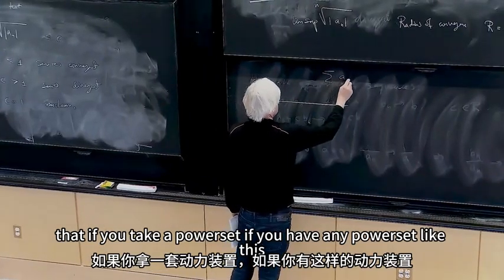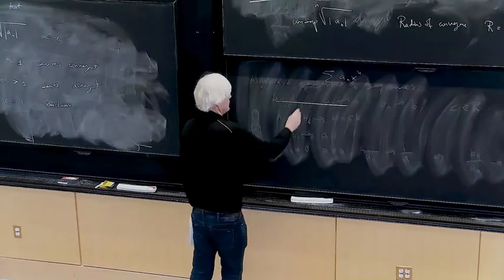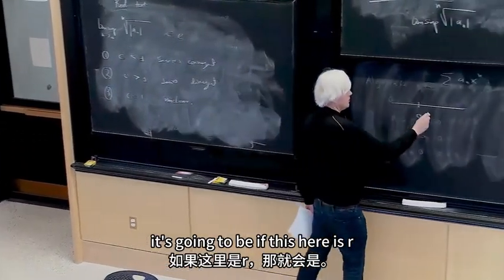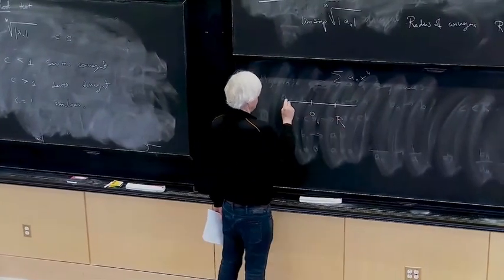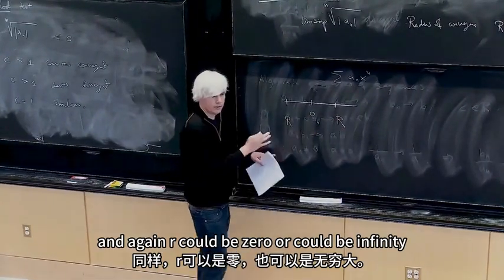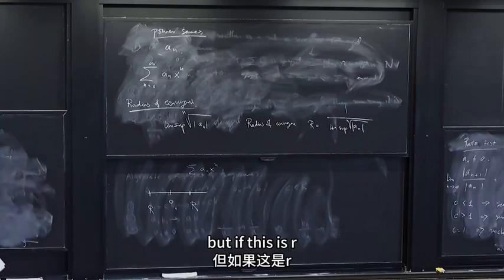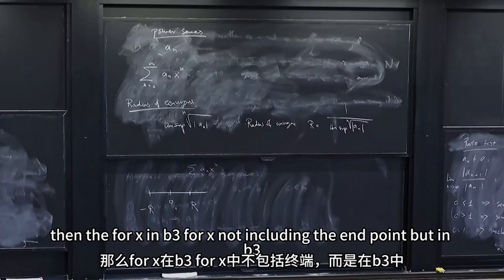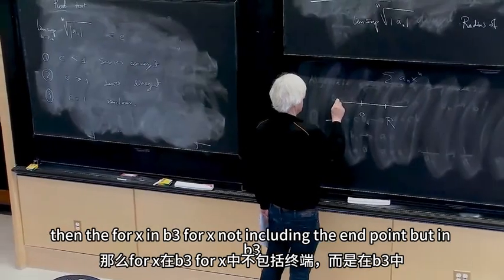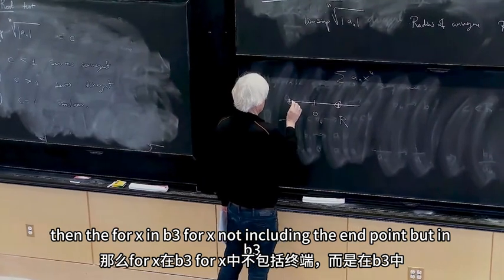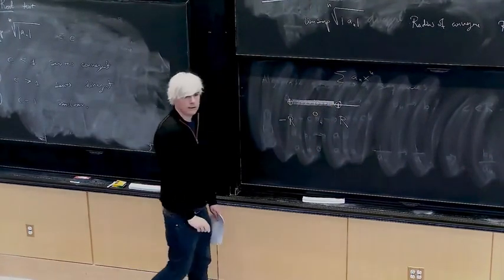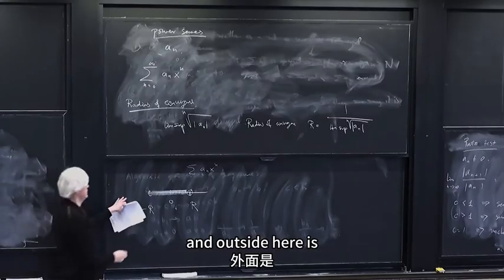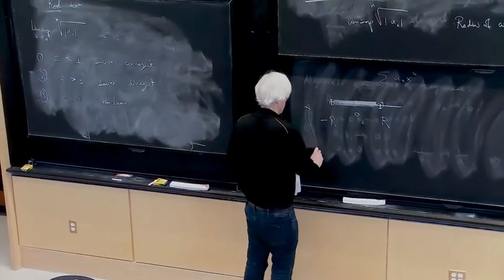And so using this radius of convergence, we saw that if you have any power series like this, with radius R, and again, R could be 0 or it could be infinity, then for x in between -R and R, not including the endpoints, the power series is convergent, and outside it is divergent.